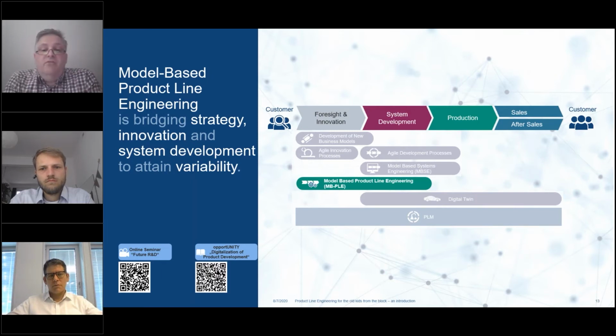These are the areas where we want to drive a little more in the next minutes. Based on this picture, you can see our approach and also the surroundings of digital twin, PLM, agile development, and other methodologies and prerequisites you have to consider if you want to do product line engineering. You can see or download this on our opportunity or also from the webinar later on.